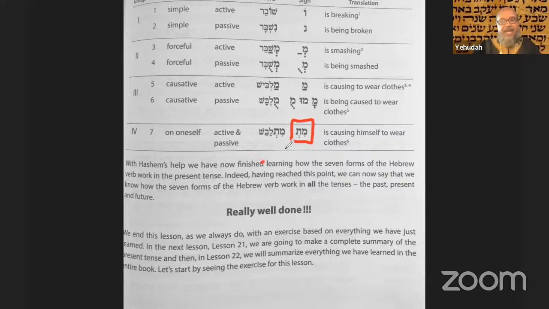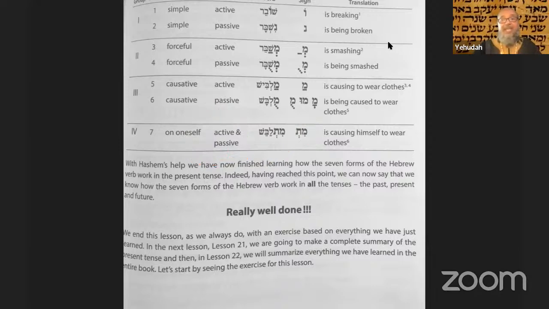So all we do is add these 2 letters right here, and that will let us know that it's present tense. Why is it not one for active and one for passive? Because the action is happening on oneself. So the one person who it's addressing is the one who's actively doing the action on oneself. I'm doing the action, but I'm doing it to myself. So I'm actively doing something and I'm passively receiving the action. And that's what someone does for themselves.